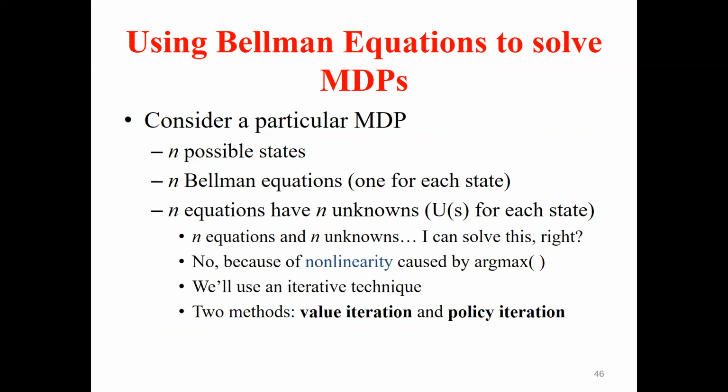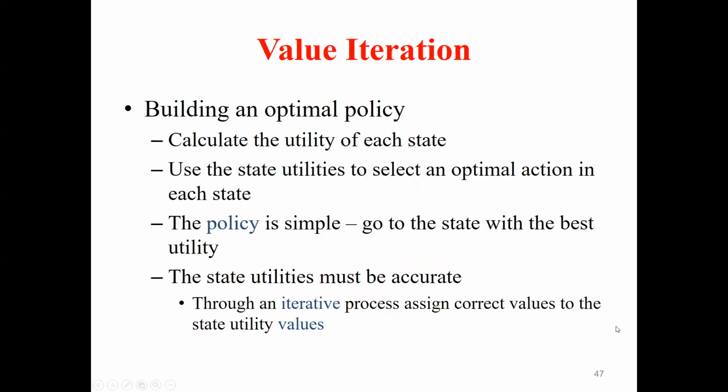Here, if you see in the Bellman equation, there was a max function. Max is a nonlinear function. So I cannot apply linear programming over here to solve it. Rather, we need some kind of an iterative technique to solve the problem. So there are 2 methods, value iteration and policy iteration. We'll see them one at a time.